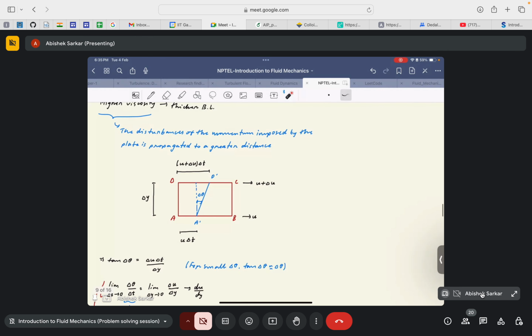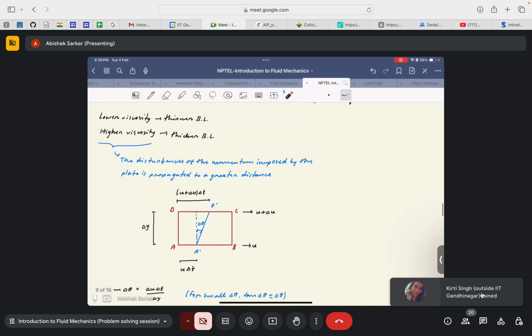Let us name the edges of this fluid molecule A, B, C, and D. Because of the motion of the plate, the fluid molecule has moved a certain distance u into delta t, and since the layer above has a higher velocity, it will move by a distance u plus delta u into delta t. This increase delta u is because the layer above it has a higher velocity, which is imparted by the free stream velocity.